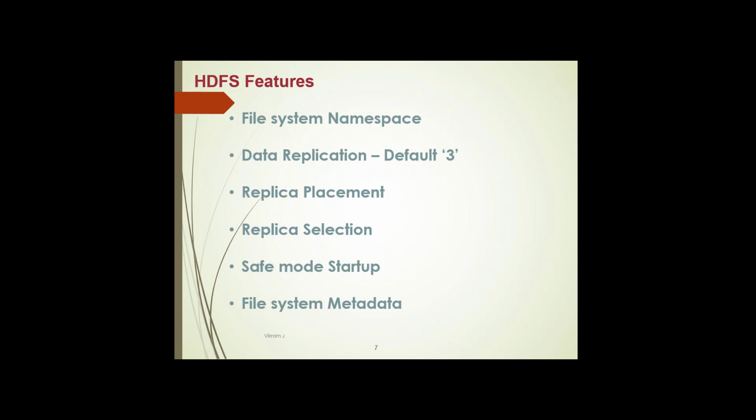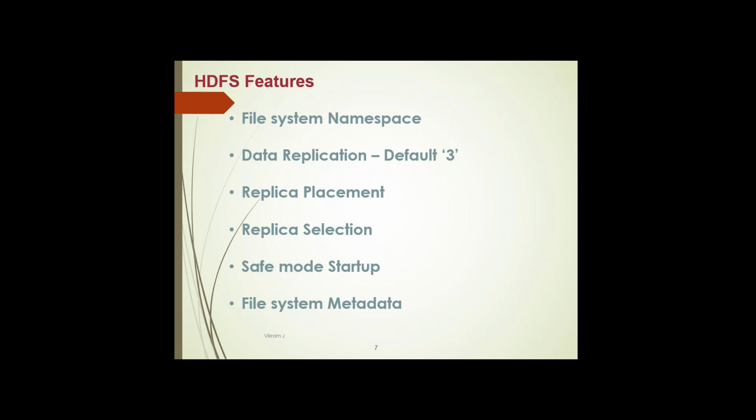Whenever we start the name node service for the first time, or whenever it is restarted, it will be in safe mode. After some time, the node will automatically come out of safe mode, and we can start writing the metadata information. The data nodes will start writing the block information to the name node.